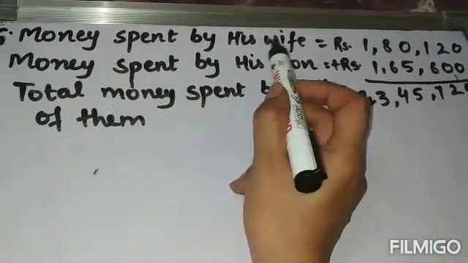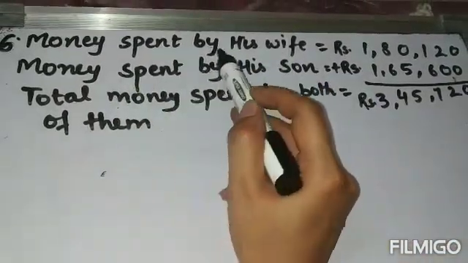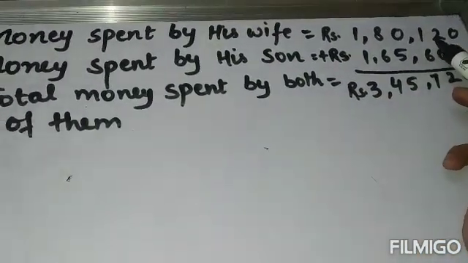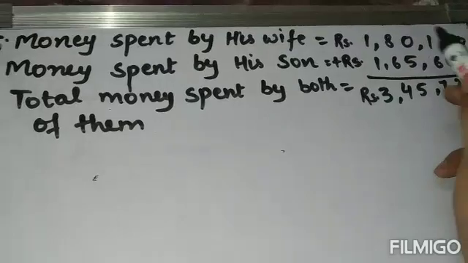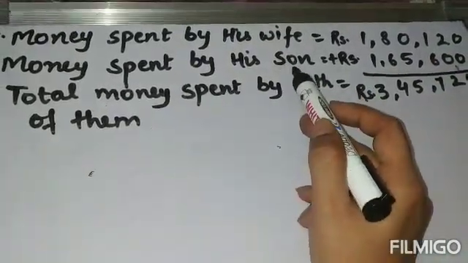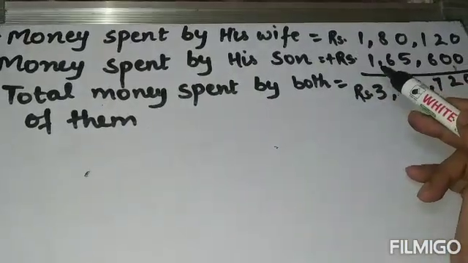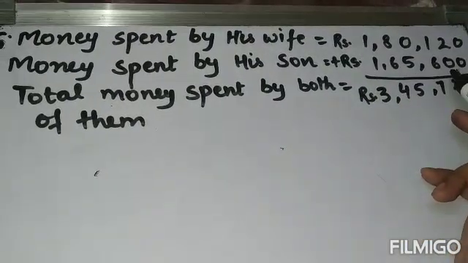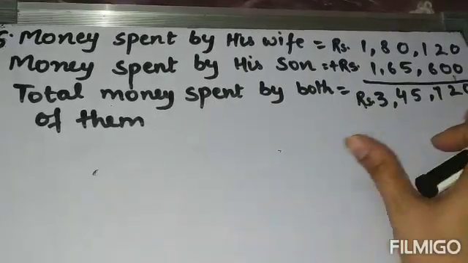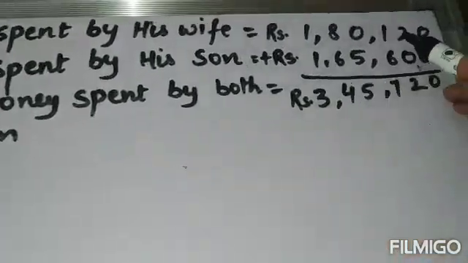Money spent by his wife, you will write, is 1,80,120. In the next line you will write money spent by his son, his son had spent rupees 1,65,600. So total money spent by both of them, how much did they spend? We will add these two numbers.